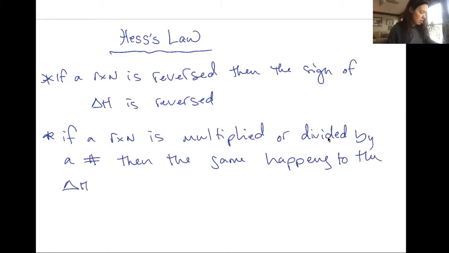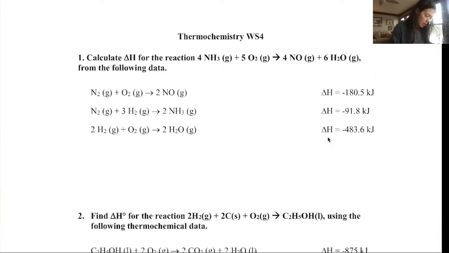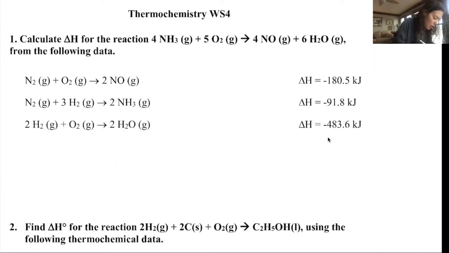So let's look at the example problems that we have provided. And here is the first one. All right, so this I would call our target equation. And we are asked to calculate the delta H for this equation. So essentially we need to know delta H equals question mark.